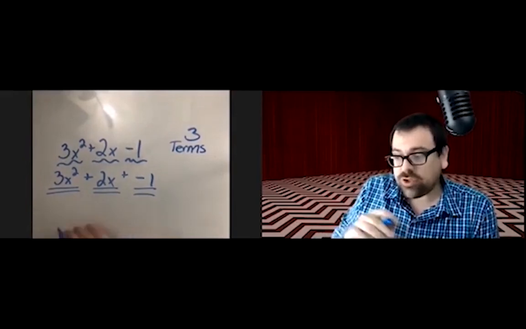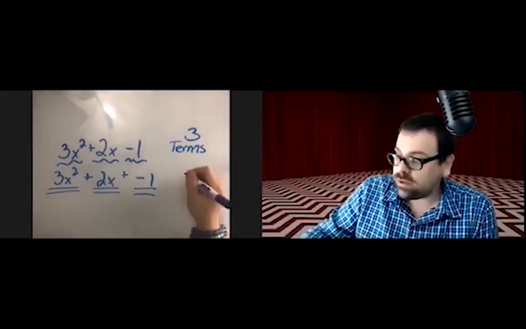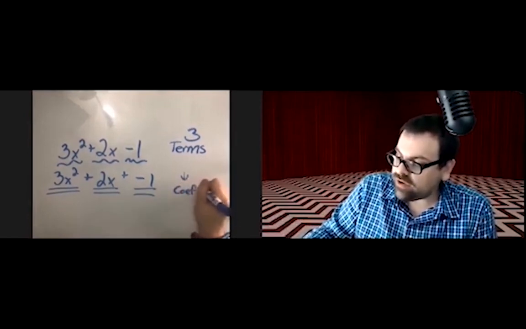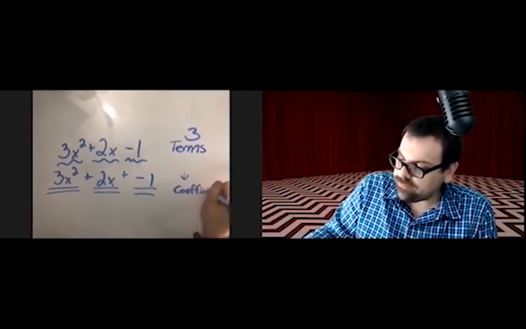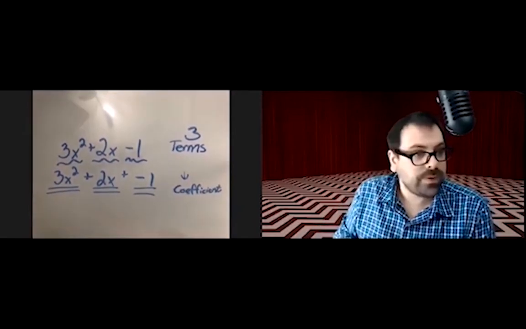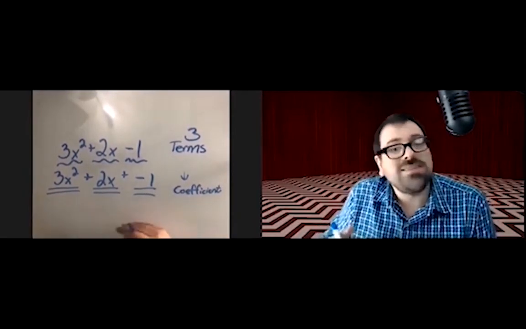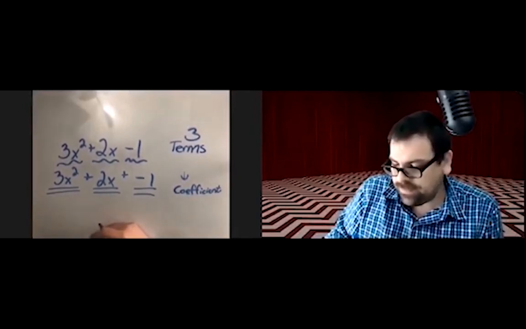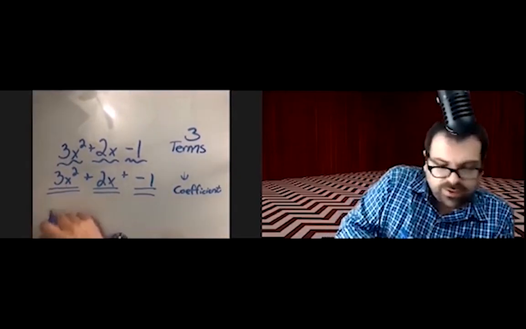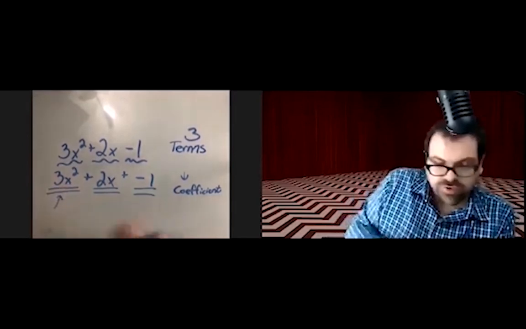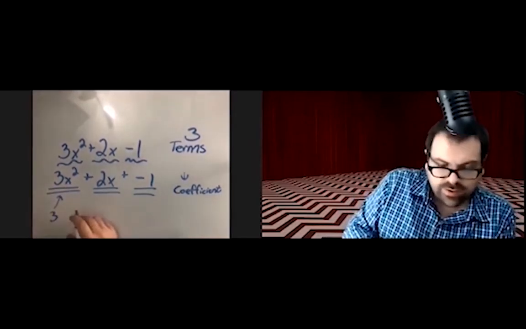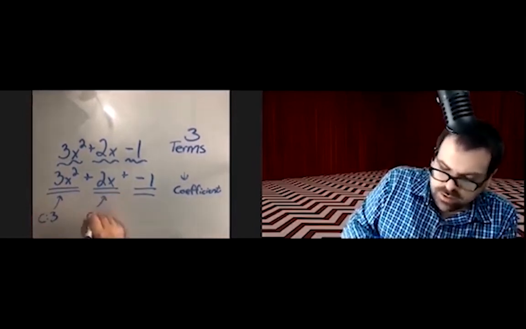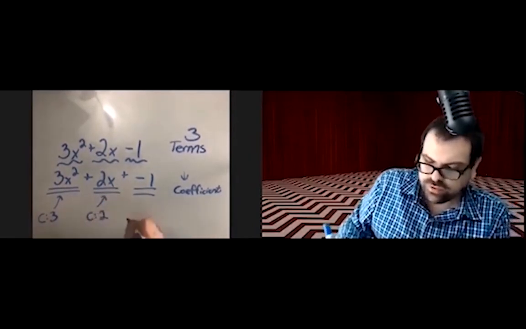Because each term has a coefficient. The coefficient is the number in front of the x. So here, the coefficient would be 3. Here, the coefficient would be 2.